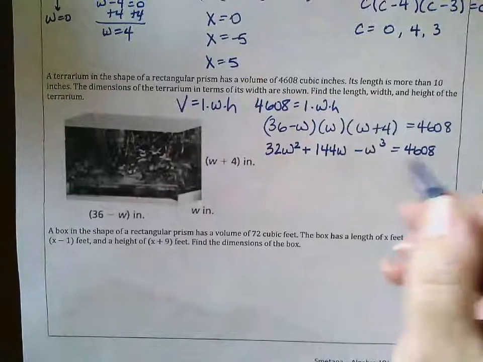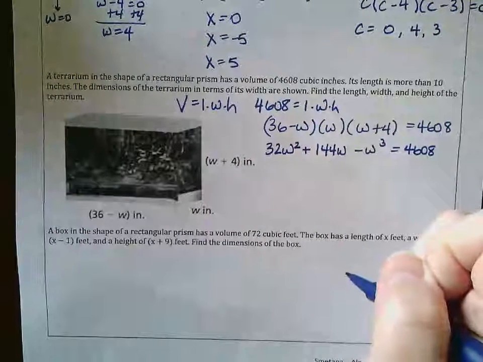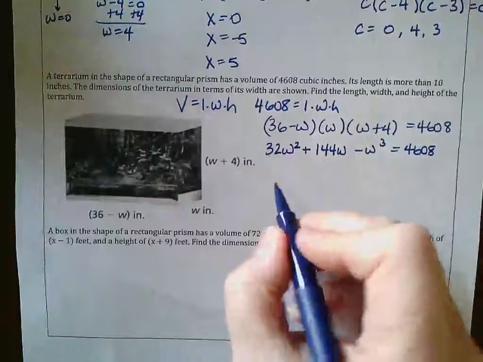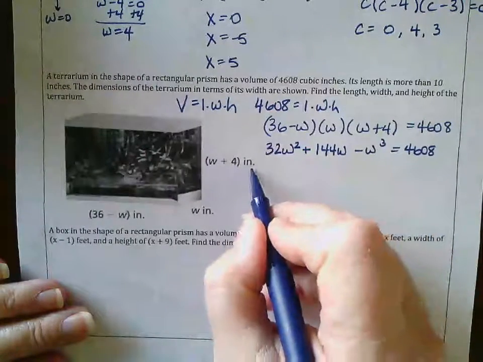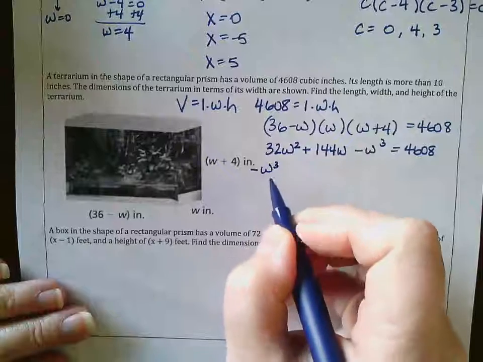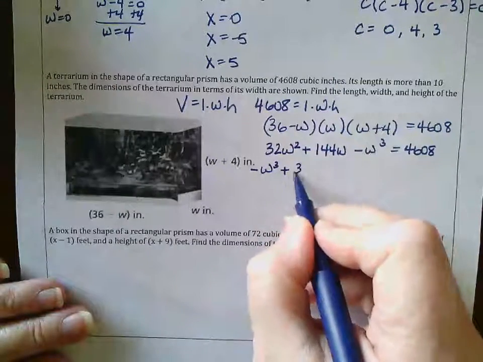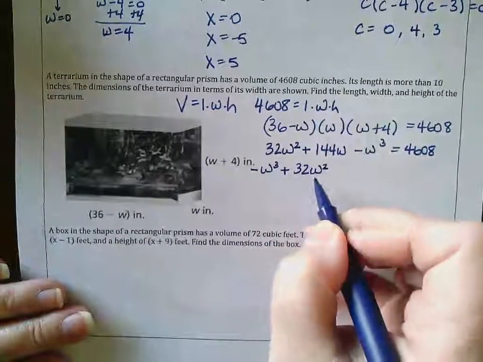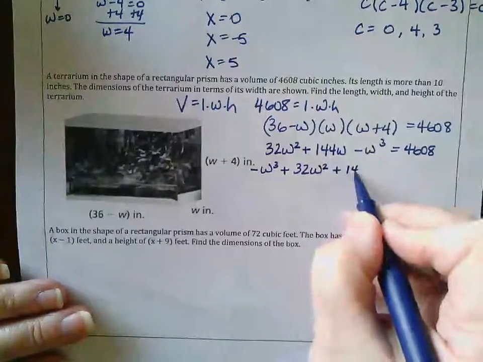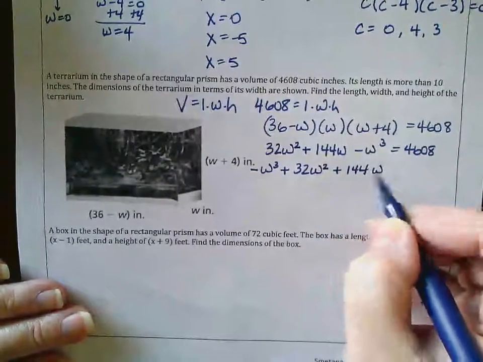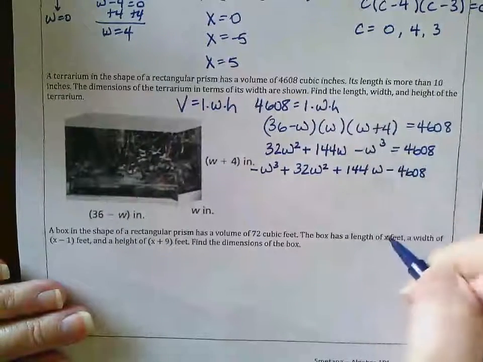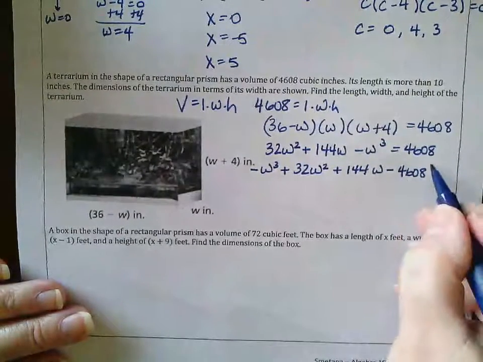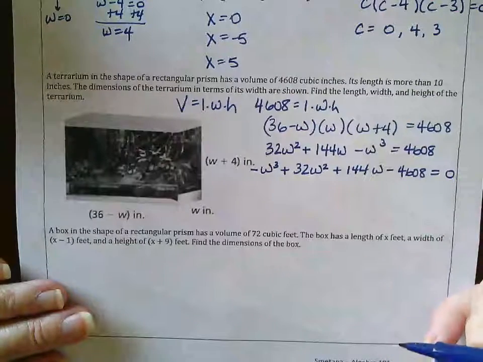What I want to do here is subtract this 4608. At the same time, I'm going to regroup this. So I'm going to have negative w to the third plus 32w squared plus 144w minus 4608, all I did was subtract this to move it to the other side, equals 0.